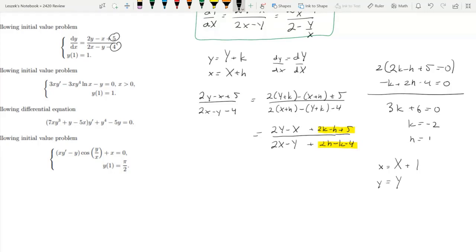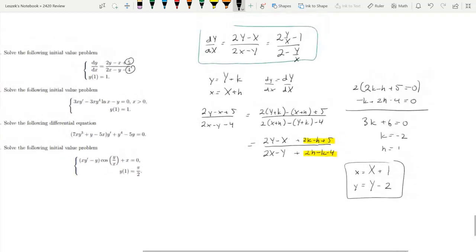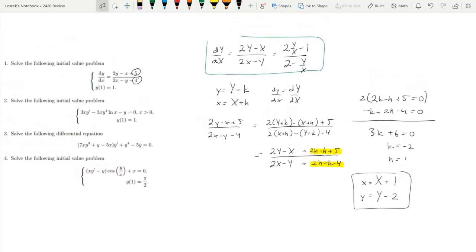The old y is equal to the new y plus k. K happens to be negative 2. So that's how they got that shift, just so you can get a homogeneous differential equation. Does that answer your question about how you got those? Okay. All right.